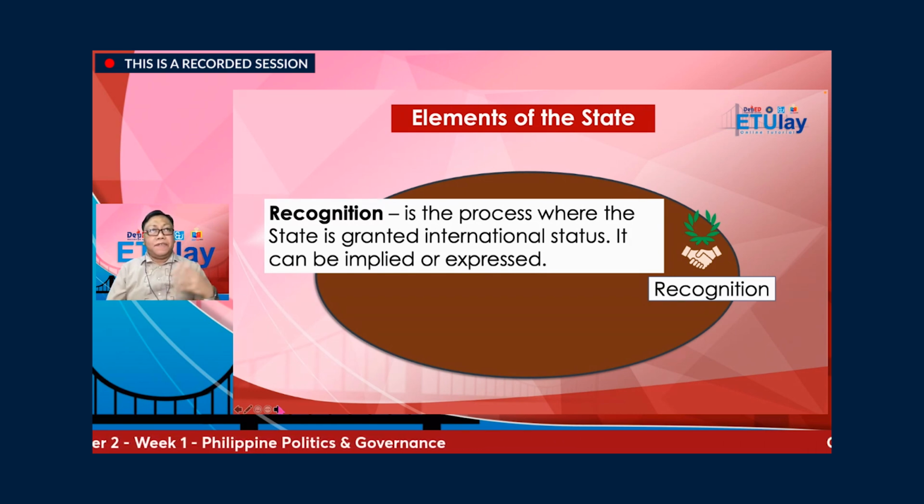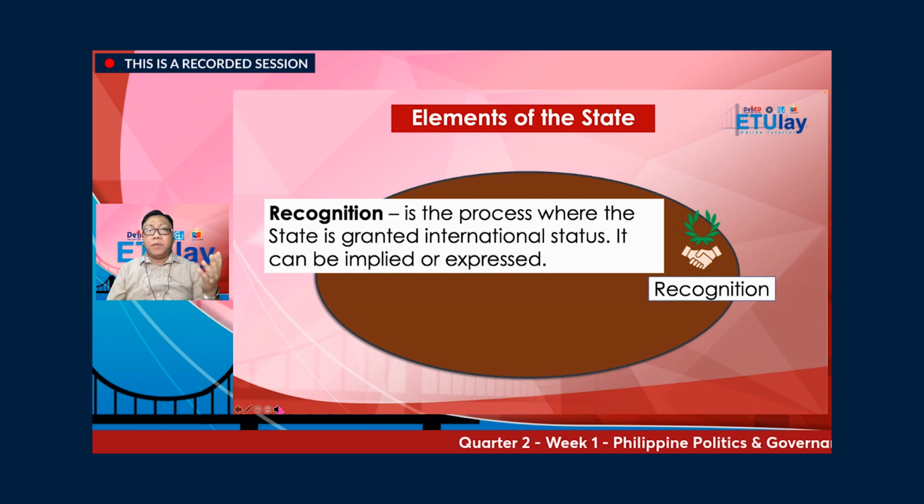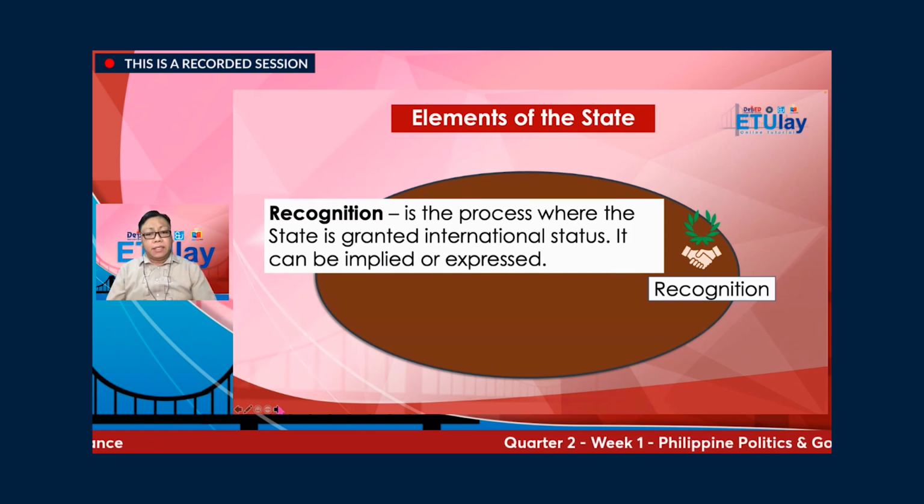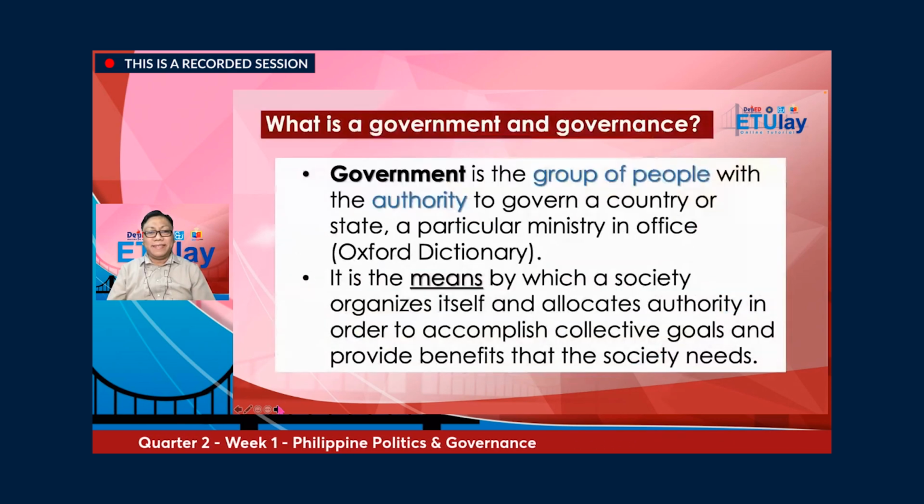Just like the Philippines is a member of United Nations as well as the World Council of Nations. We call that one as United Nations, right? And we also have ASEAN nations, Association of Southeast Asian Nations, in which the Philippines is part of those, as recognized internationally, either implied or expressed.